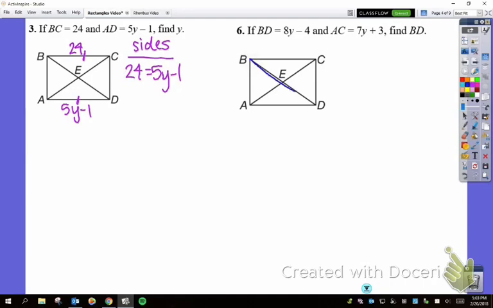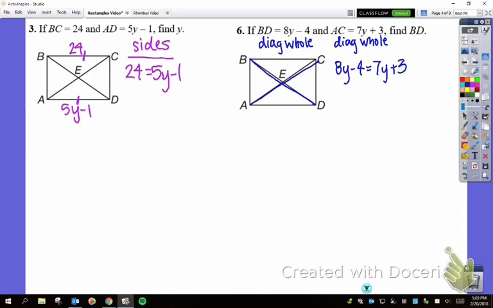Okay, BD is a diagonal, and this is our full diagonal, or our whole diagonal. And we have AC, which is also a whole diagonal. And we know from our properties, number 7, that our diagonals are congruent. So we could say 8y minus 4 equals 7y plus 3.